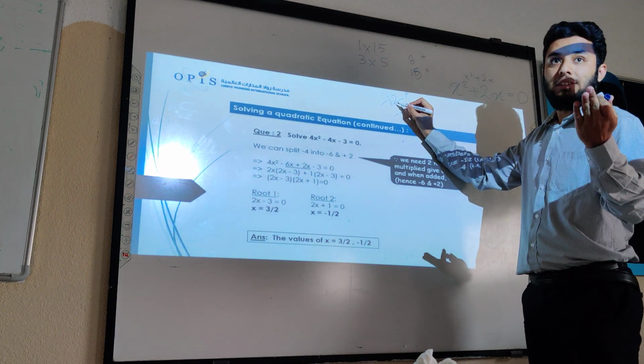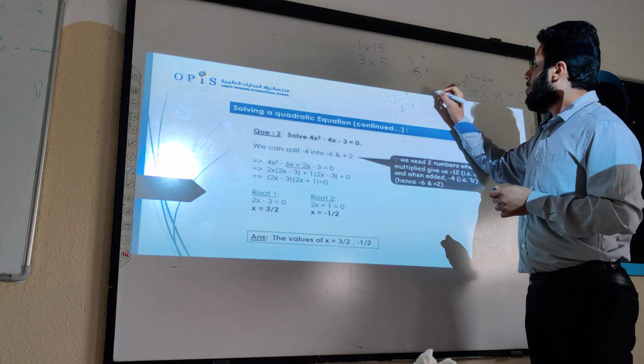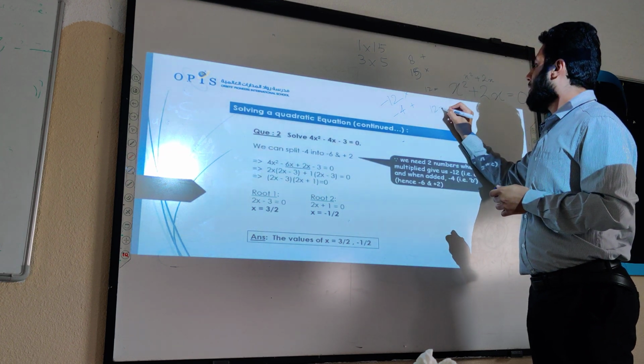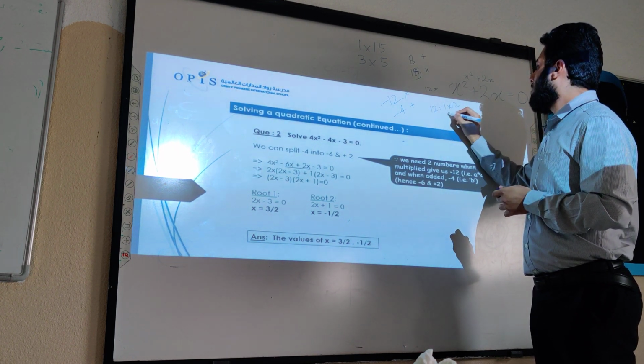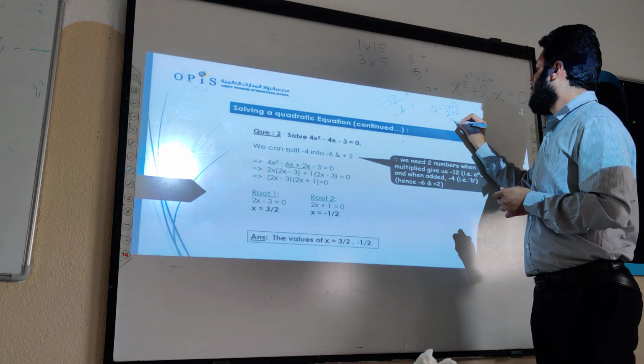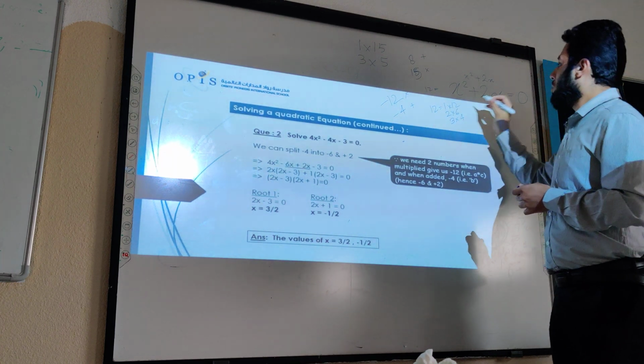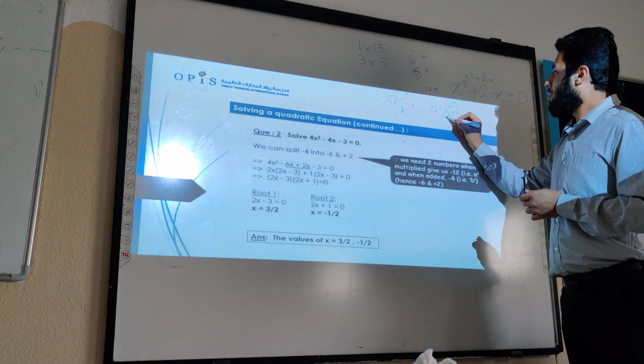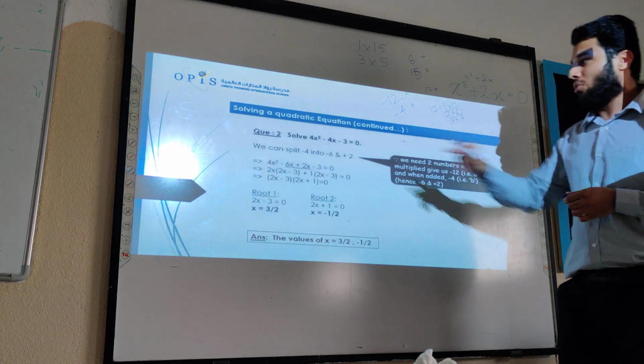So we will get to the conclusion. Again, as I told you, factorization we will do for minus 12. 12 can be obtained by 1 into 12, 2 into 6, 3 into 4. So by this method we are getting 4.